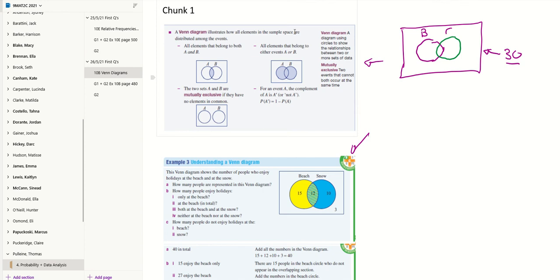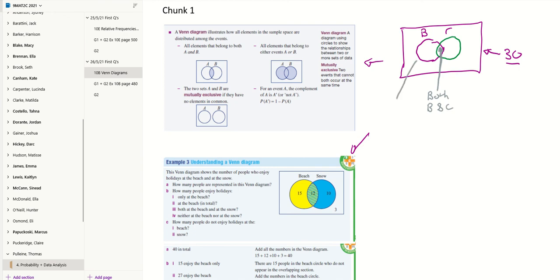What we need is, obviously, there were people that like both. Those people that like both are going to be in here. This region is inside both circles. That's where we put the number of people that like both basketball and cricket.